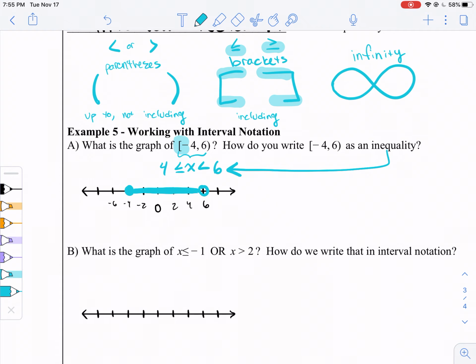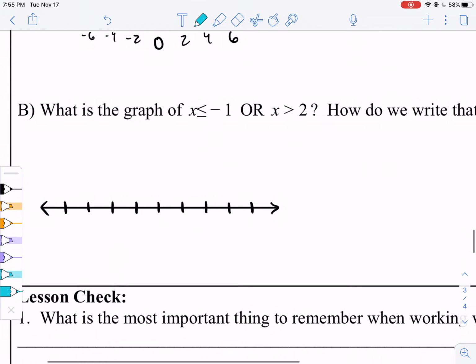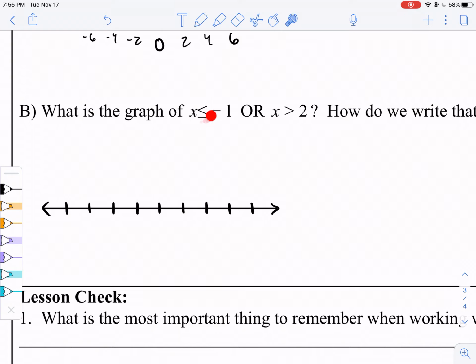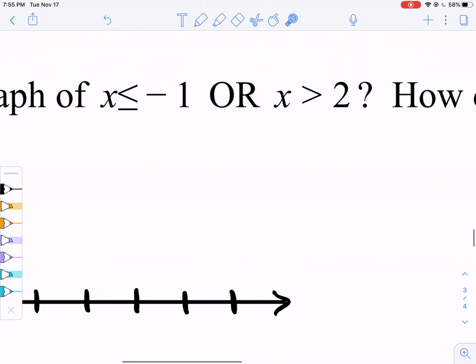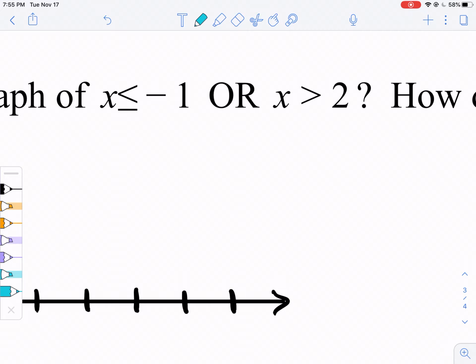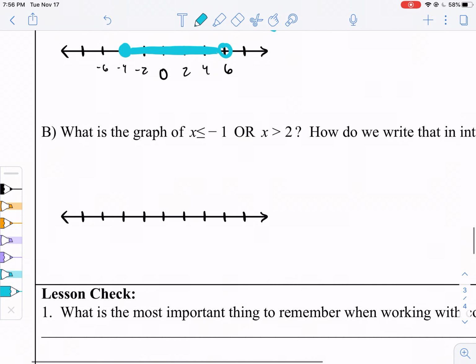Okay, now we're going the other way. Here we have the graph of x is less than or equal to -1, or x is greater than 2. To write that in interval notation, let's graph it first, and then you can see it.